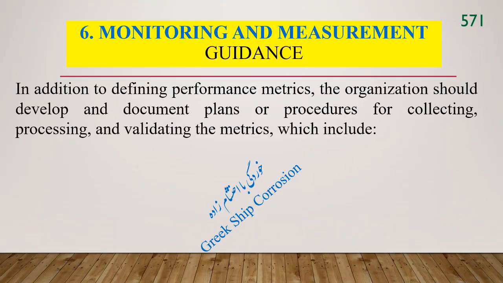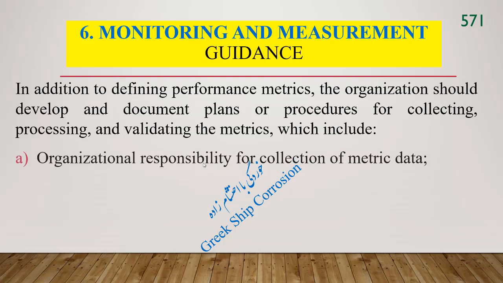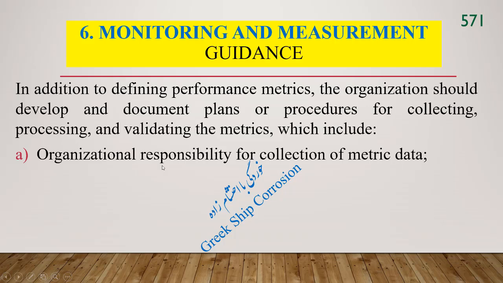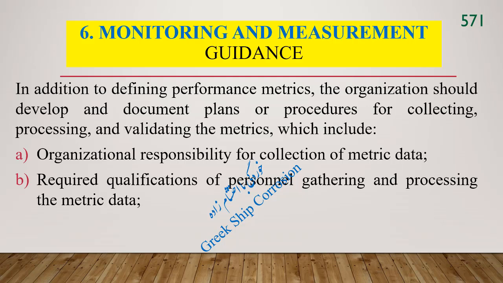In addition to defining performance metrics, the organization should develop and document plans or procedures for collecting, processing, and validating the metrics, which include: A. Organizational responsibility for collection of metric data. B. Required qualifications of personnel gathering and processing the metric data.